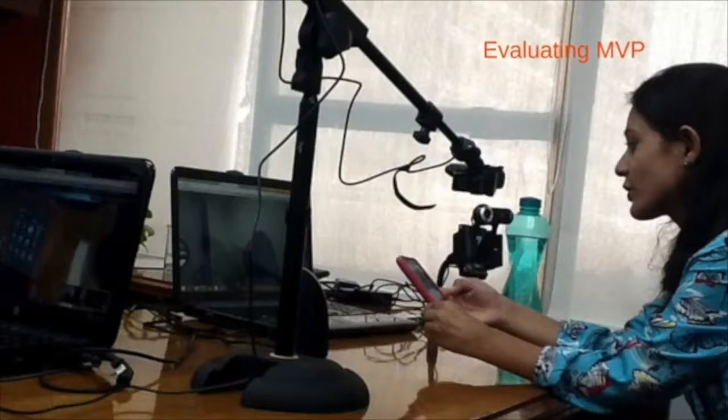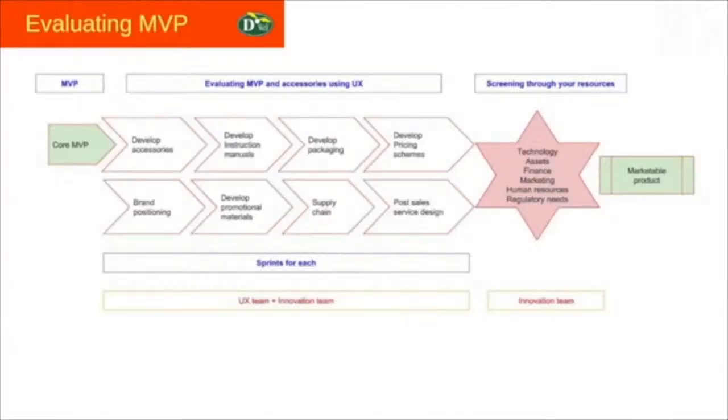The core MVP is the input for this testing. The output is a marketable product. Here the additions like developing the accessories, the instruction manuals, the packaging, brand positioning, developing the promotions, all the things connected to marketing will also be included at this stage.